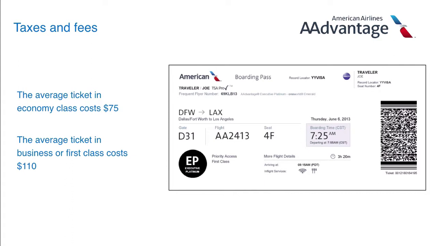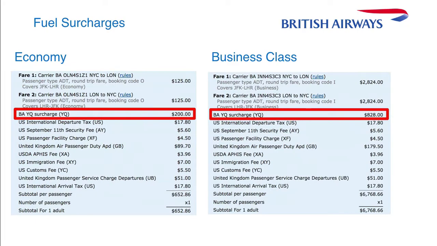However, there is one really nasty fee that gets applied to some tickets that you need to know about. Fuel surcharges are normally not included in the price that you pay for tickets booked with miles. Usually, it's just taxes and airport fees that you pay out of pocket. But for flights across the Atlantic on the One World partner British Airways, you may see fuel surcharges as high as $300 for economy tickets or as high as $1,000 for business class flights.